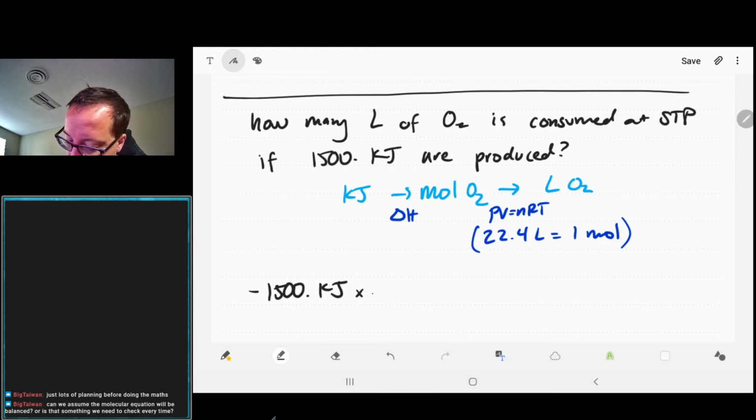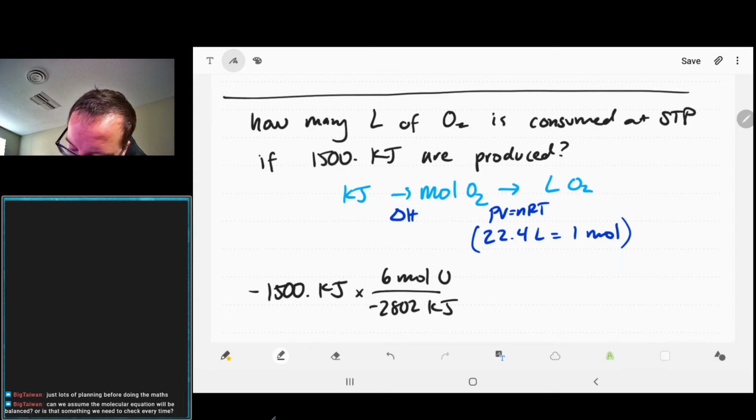All right. So if we're going from kilojoules to moles, we have to use our delta H. For this reaction, it was negative 2,802 for 6 moles of oxygen, our reaction coefficient there. Of course, every reaction has a different delta H, so this one just happens to be for this particular reaction, for glycolysis here.